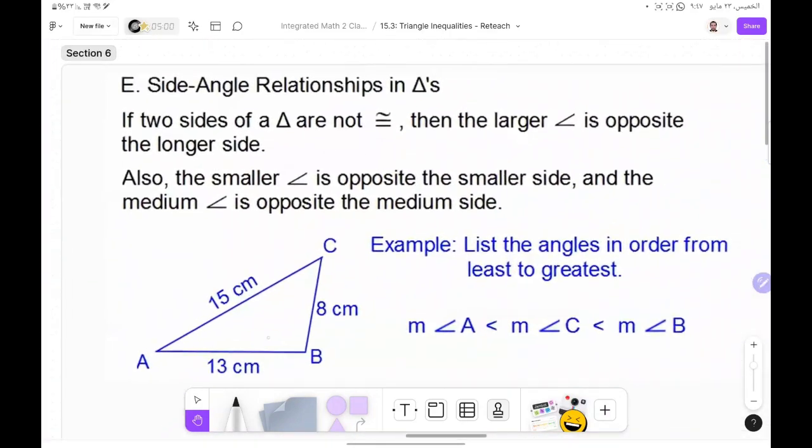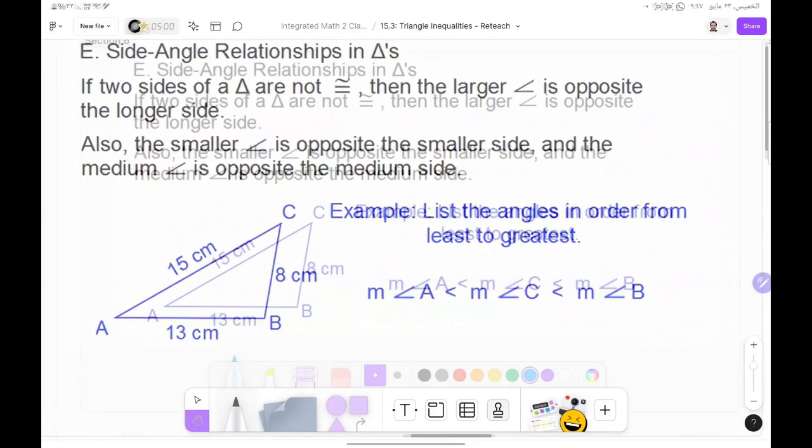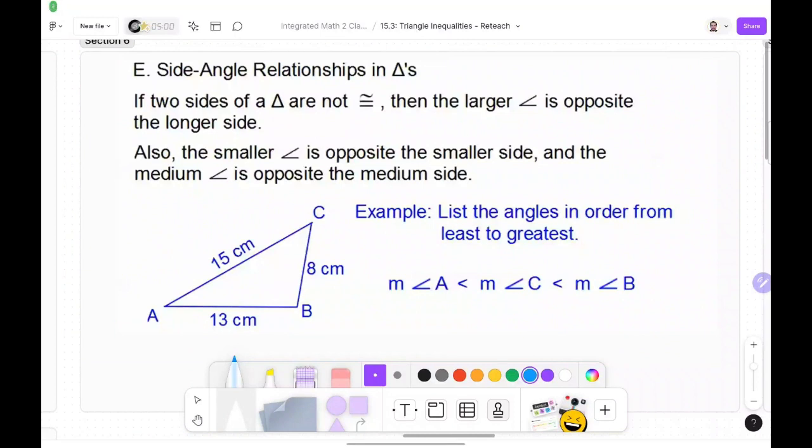Okay. Now let's go to the second part of the lesson, the side-angle relationship in a triangle. First, let's read the first sentence to understand the side-angle relationship in triangles. If two sides of a triangle are not congruent, then the larger angle is opposite the larger side.